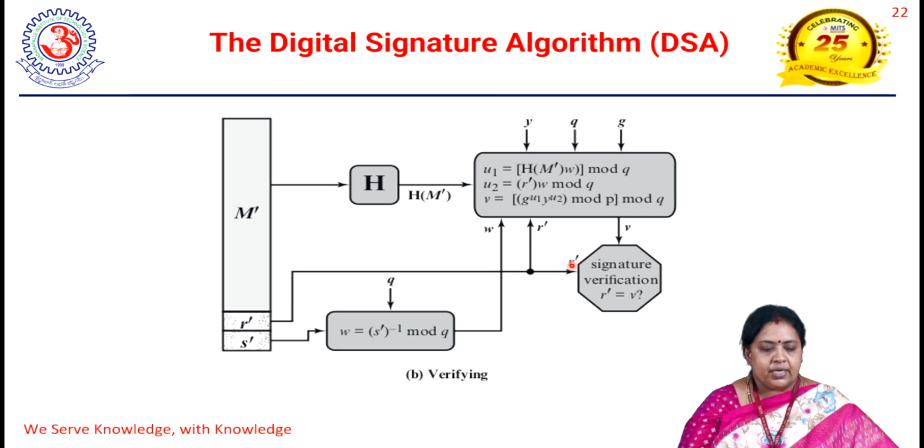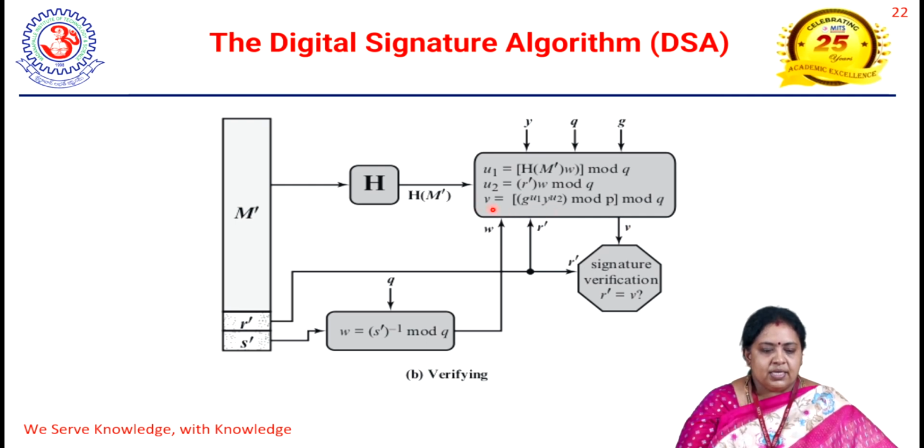Now the receiver side verification is done. The received message is given to the hash function, which produces a hash code. By using this hash code, the public key, and also Q and G, we calculate U1, U2 and V. By using the received S component, we calculate W. All these are given to the verification algorithm, and V is the output.